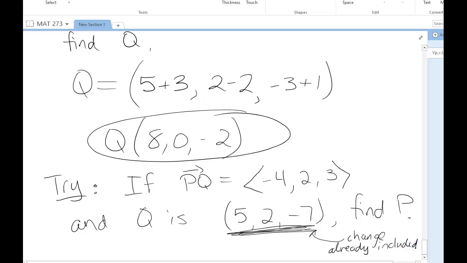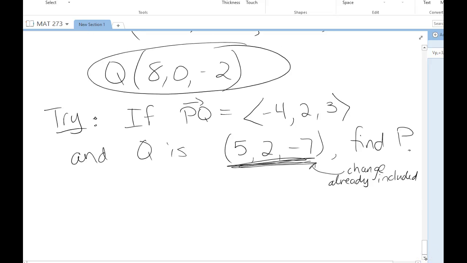So we want to take the change out to see where we started. So to go back to the initial point, we're going to subtract. So start at your Q position and subtract your change.